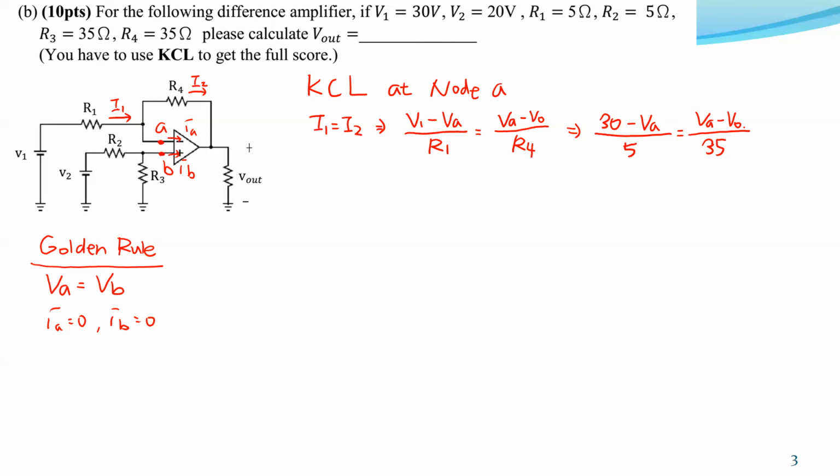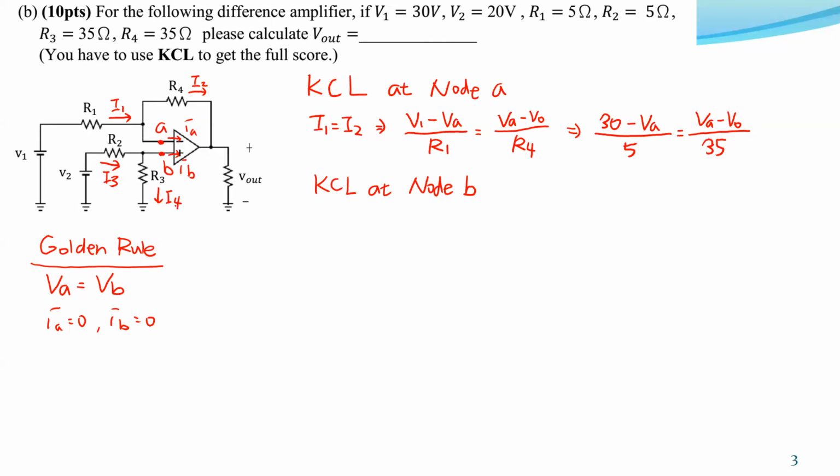And for the second equation, the same, we apply KCL at node B. We can assume this is I3, and then we assume this is I4.